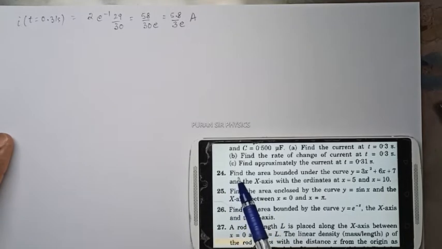In question number 24, find the area bounded under the curve y equals to 3x square plus 6x plus 7 and the x-axis with the ordinates at x equals to 5 and x equals to 10.